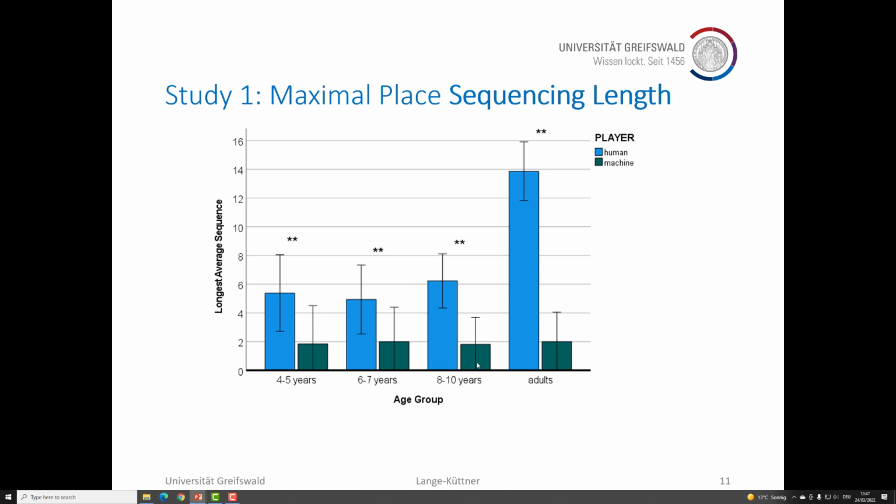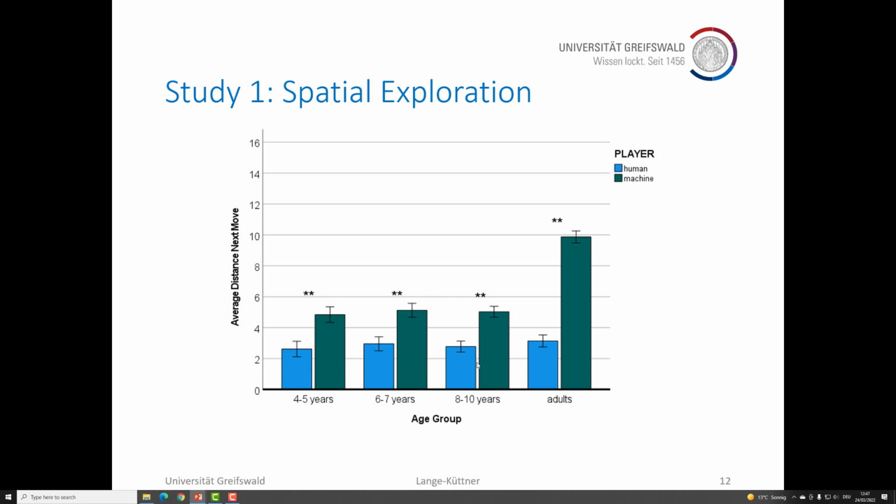We also measured the spatial exploration, and that was the average distance of the next move. What you can see here is that the human players, both the children and the adults, showed very little spatial exploration. That was not to be expected, that it was always between 2 and about 3 places that they reached out on the array, while the machine was always exploring more, and this is because it colored in at random.